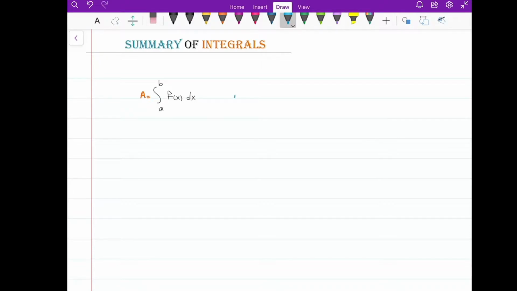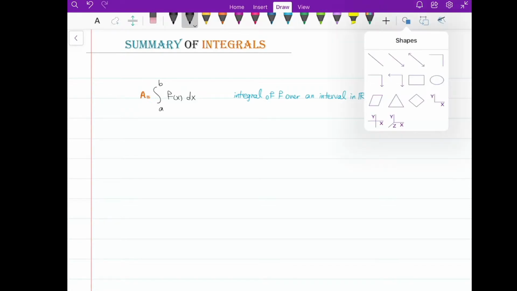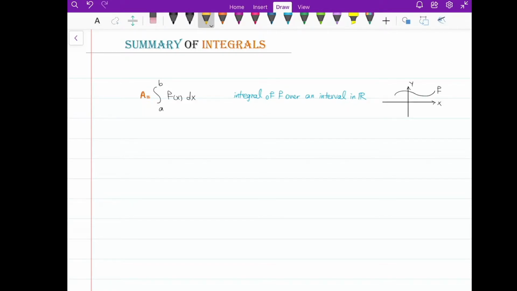It's the integral of a function f over an interval in R. If this is the x-axis, this is the y-axis, and I have the function f and the interval from a to b, this integral calculates the area below the graph of f above the interval a and b.